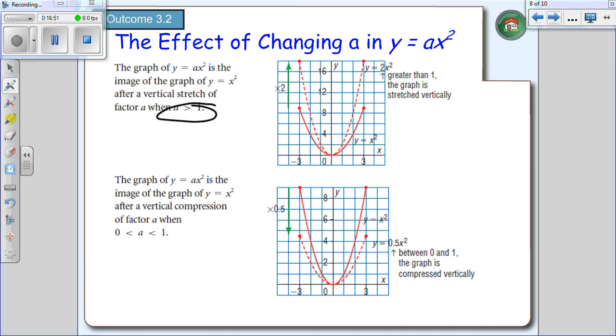If it's negative, you've actually done what we call a reflection. It reflects over the x-axis, and all your y values become negative. When it's a negative, is it only to a certain point, or is it exactly the same?